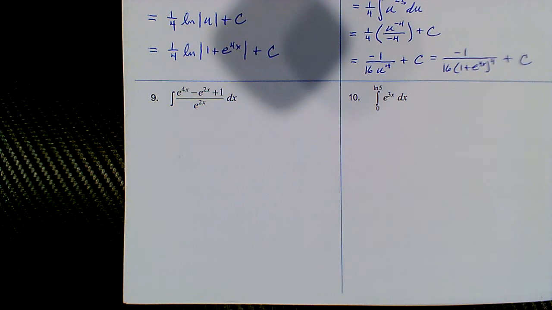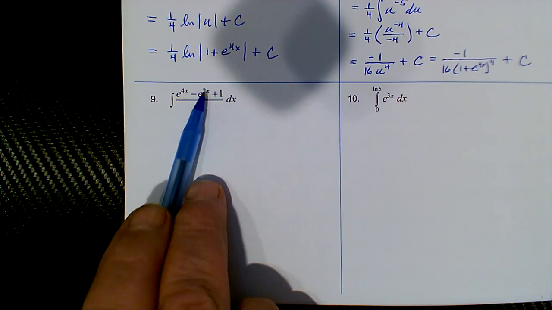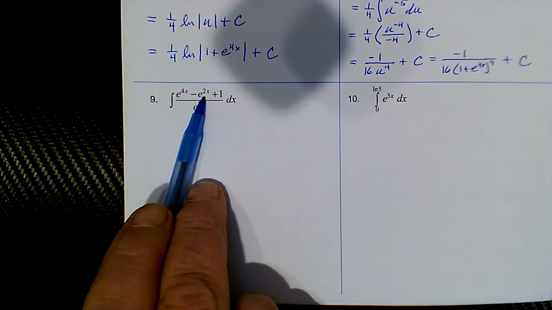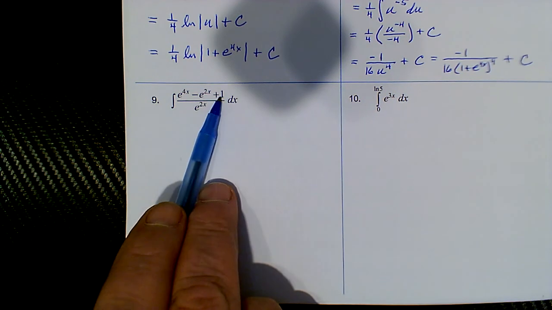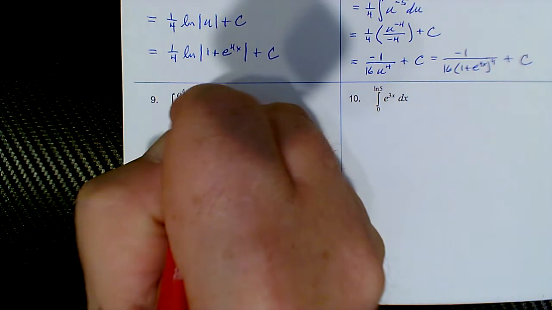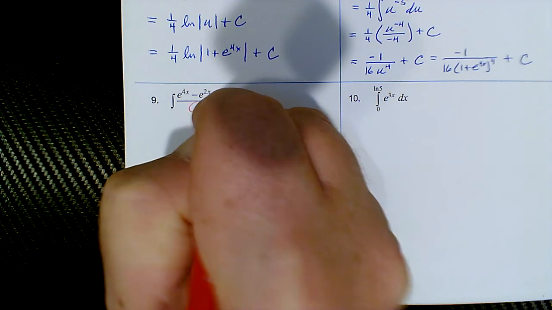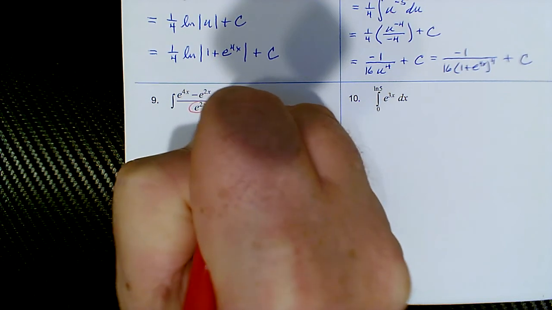But that's not going to work very well because if you consider taking u to be the denominator, its derivative is e to the 2x times 2. We have an e to the 2x in the numerator, but we have some extra terms. So this is a situation like we saw in the last lesson where it's special because the denominator is a monomial, or a single term.